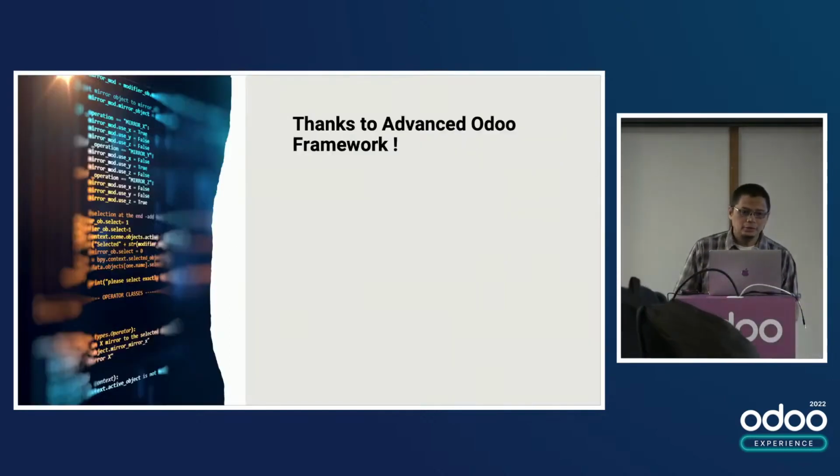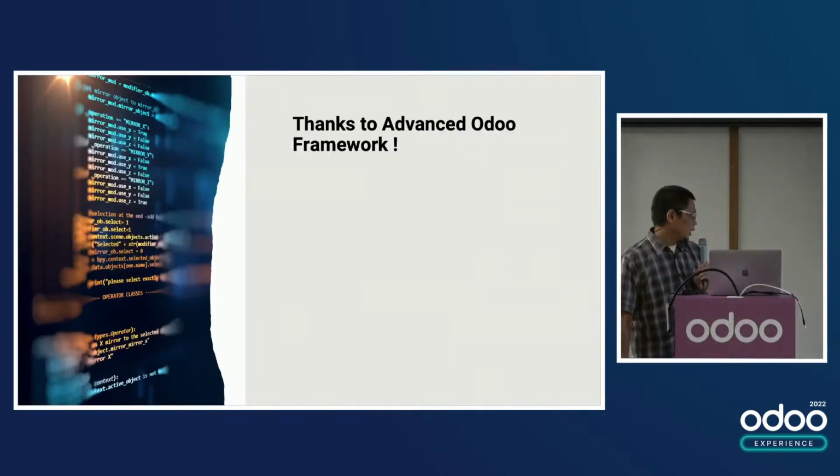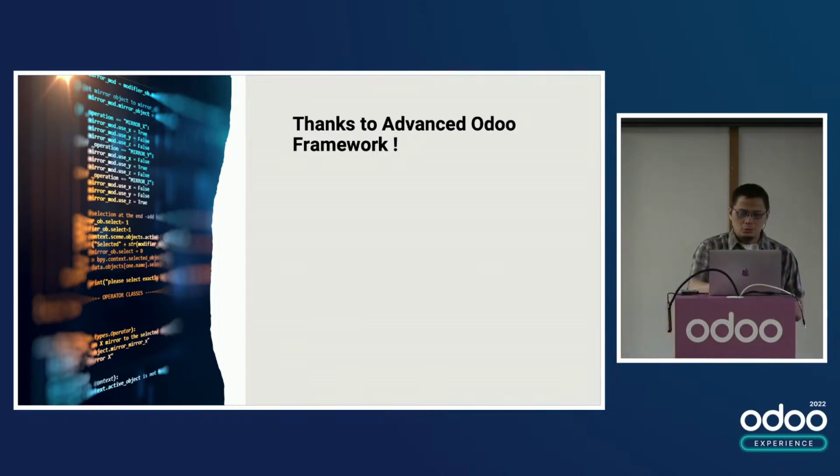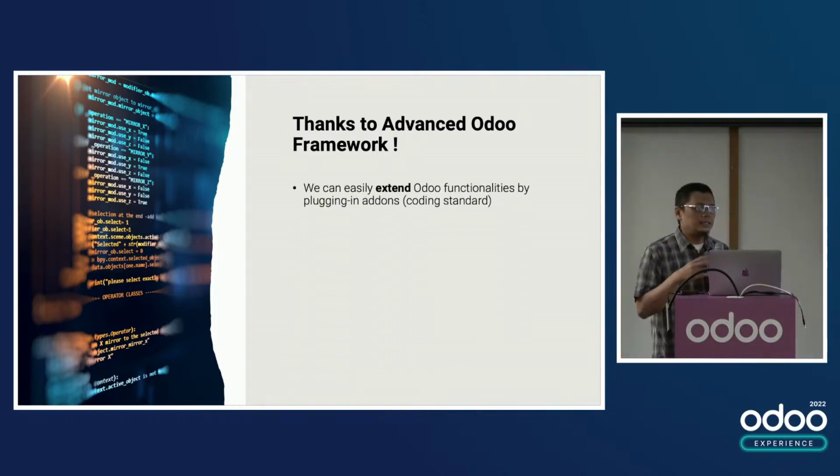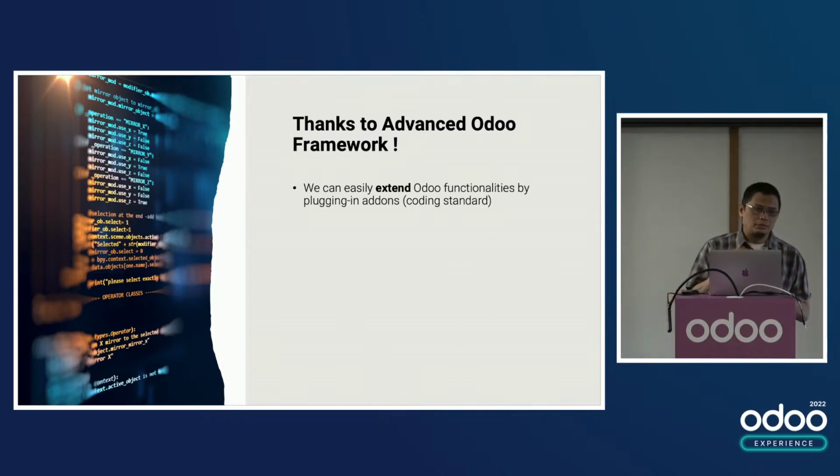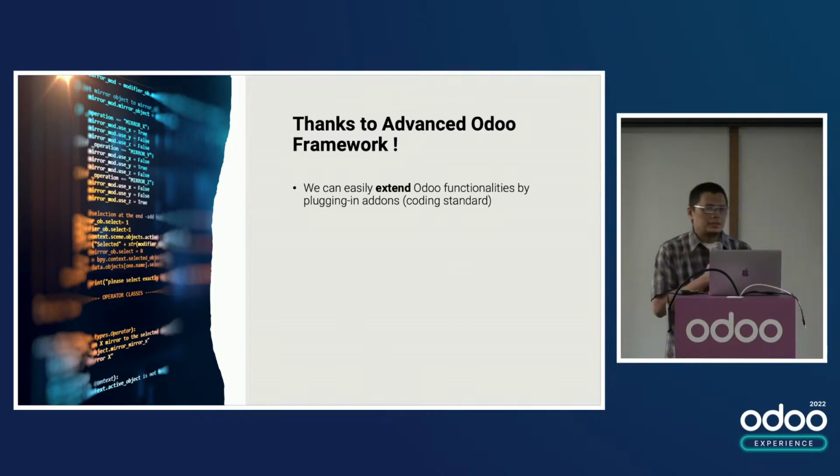So thanks to the Odoo advanced framework, we can easily extend the Odoo functionality by just plugging in what we call add-ons, right? It is actually a coding standard for us to extend the functionality and to tap the existing functionality, as well as to develop new applications on top of the Odoo framework, right?